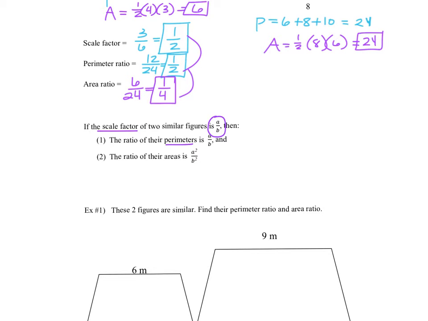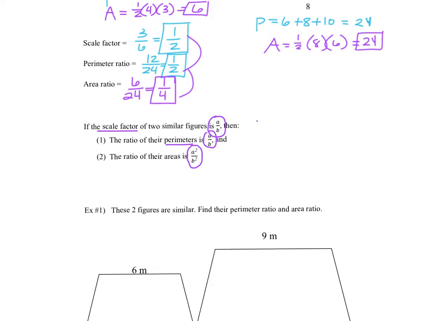So the perimeter ratio is also going to be A to B. The ratio of their areas is always going to be the perimeter or scale factor squared, right? When we think of area, we think square units. The perimeter ratio is A to B. The area ratio, you square it, okay?